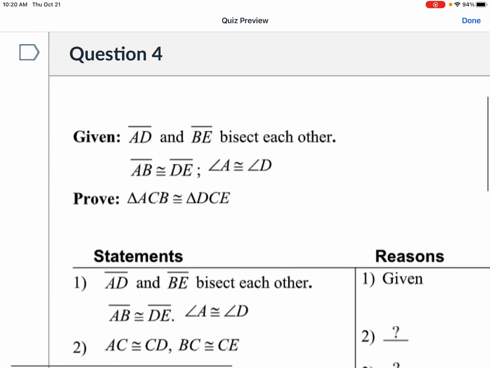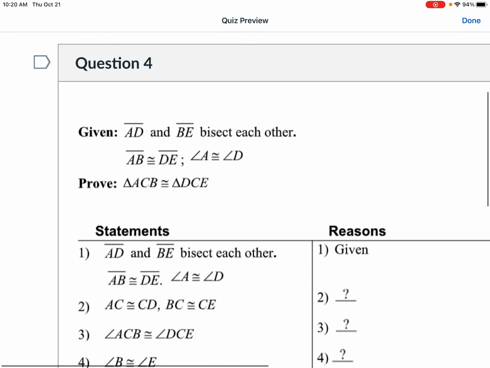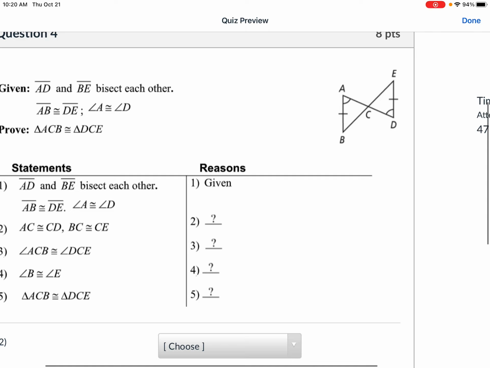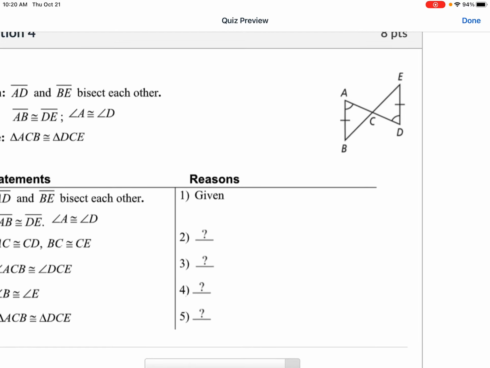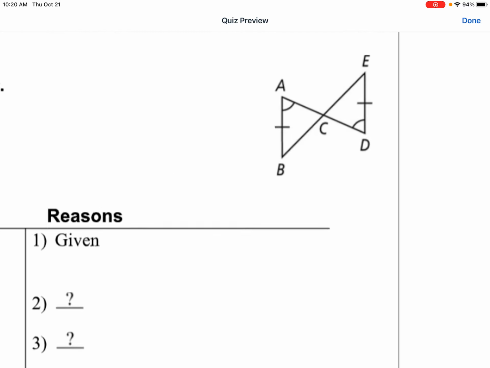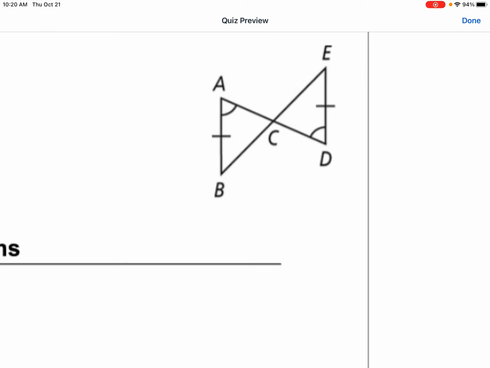That word bisect means cut in half, cut into 2 equal pieces. So if AD and BE bisect each other, that means they cut each other in half. They meet in the middle of both of those lines. So that means AC and CD are the same in that picture. That means BC and CE are the same in that picture.